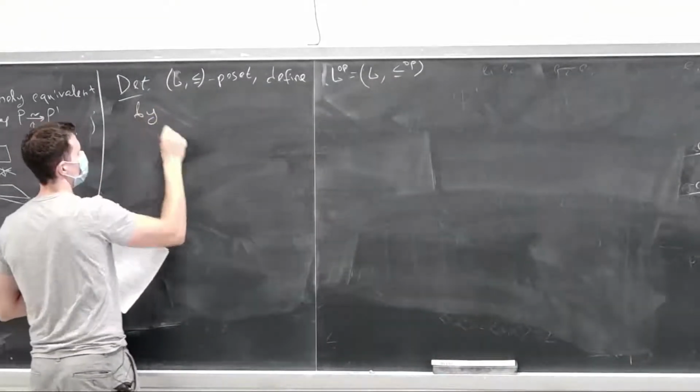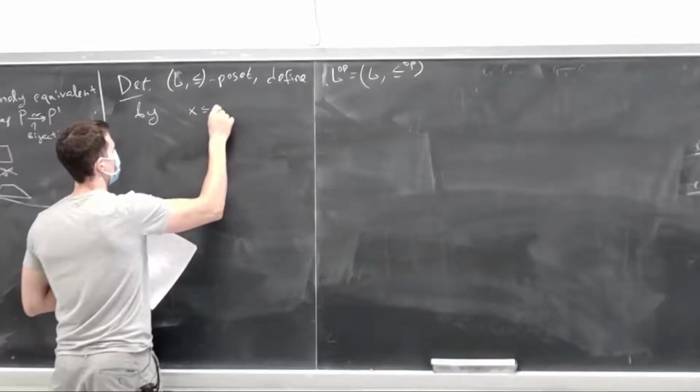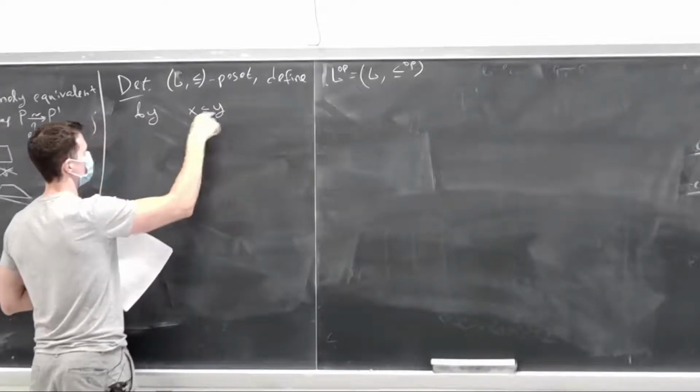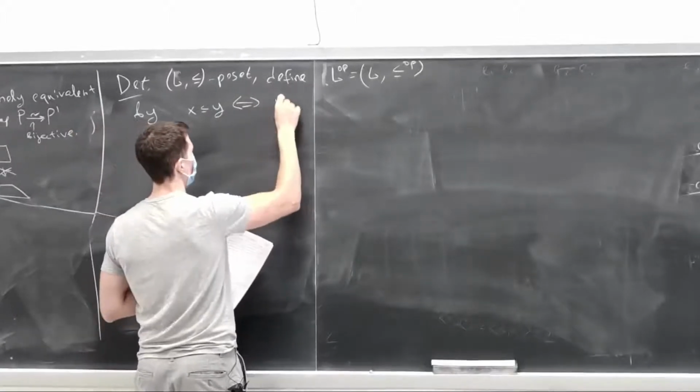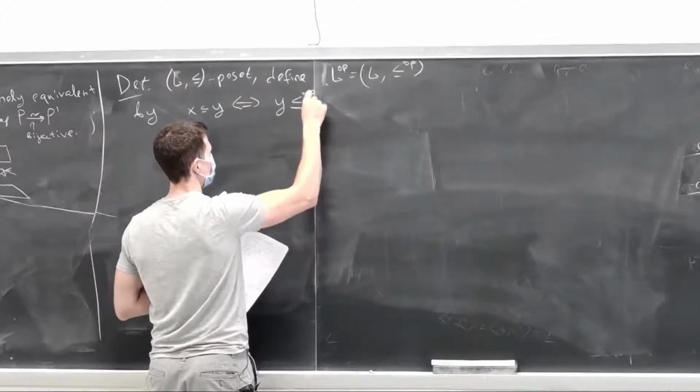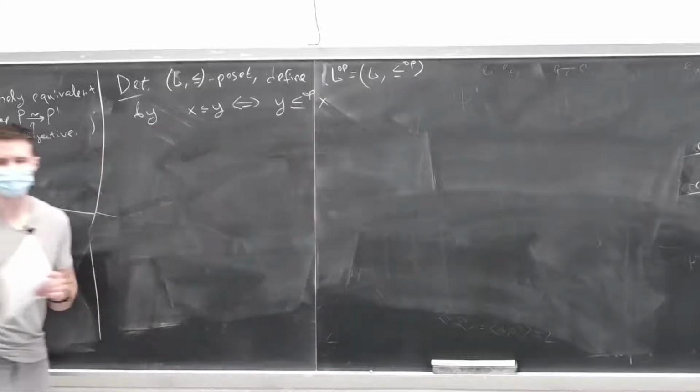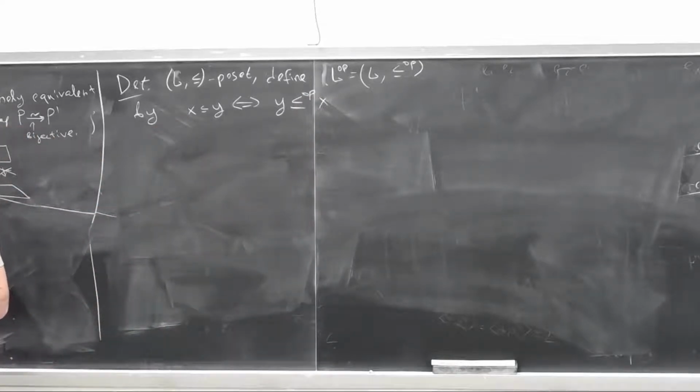It's defined by: x is less than y in L if and only if y is less than x in the opposite order. So you just flip your poset upside down.